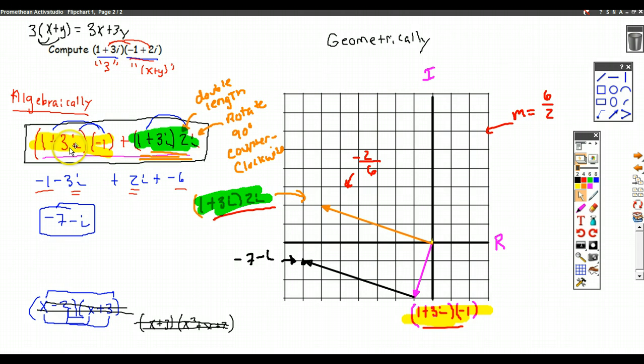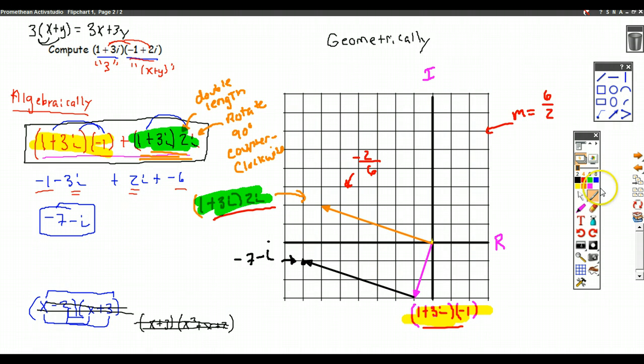Then you want to actually graph this complex number and whatever effect that this number has on it, which we did here. You'll want to graph this one and whatever rotation or transformation is implied from this number here as well. And then you add them by doing the tail to head method. And we have our final answer, -7 minus 1i, which is precisely what we got when we did it algebraically.